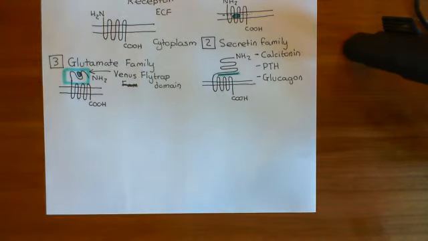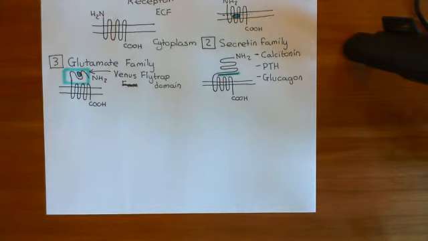Now, that excitation is not achieved through G protein coupled receptors generally. Instead, it's achieved by ligand-gated ion channels. Most of the glutamate receptors are ligand-gated ion channels that will open and allow sodium ions to enter the cell. For instance, the AMPA receptors, the kainate receptors, and the NMDA receptors are all examples of glutamate receptors that are ligand-gated ion channels, so they're not G protein coupled receptors.